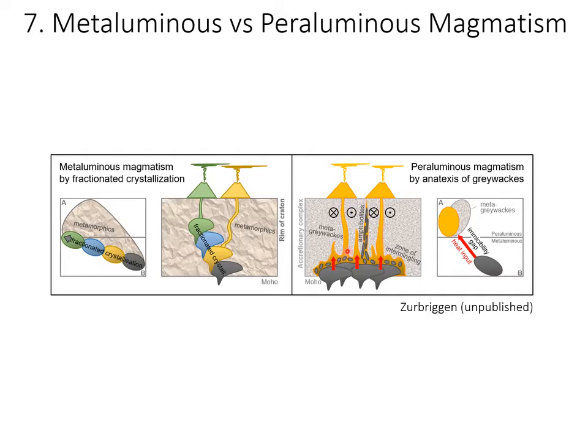And the greywacke melts cannot mix homogeneously with the basalts because they start to cool, providing the heat to melt the greywacke, and the greywacke gets very liquid.